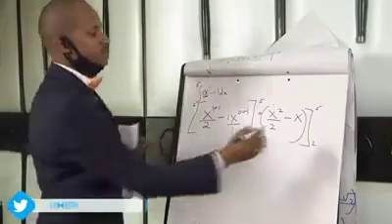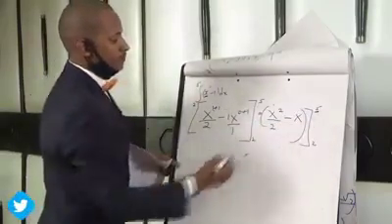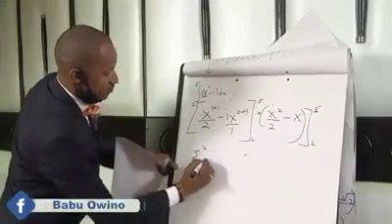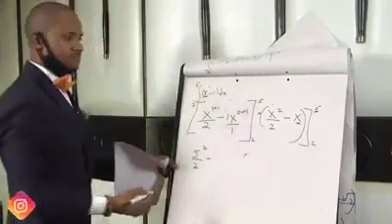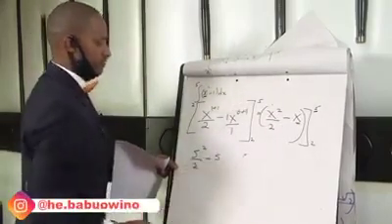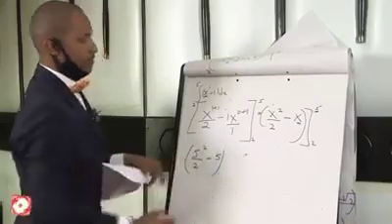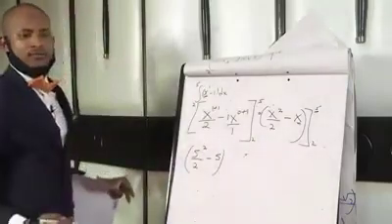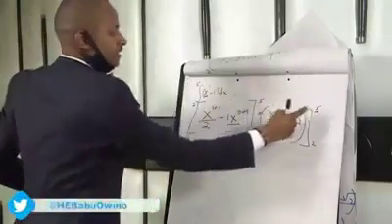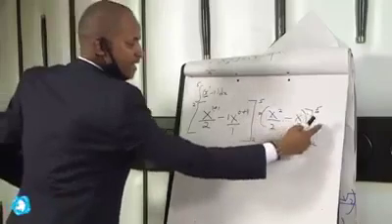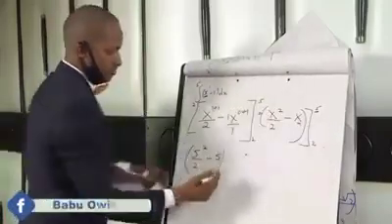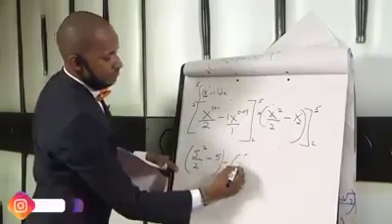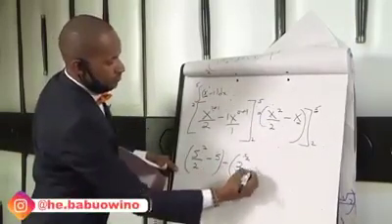Where there is x, you replace it with 5. So you say 5 squared divided by 2 minus x here is 5. Then this value that you get, you subtract the lower limit. We have upper limit and the lower limit. So the upper limit is 5 into these values minus 2 into these values minus, you replace 2 here. So it becomes 2 squared divided by 2 minus 2.